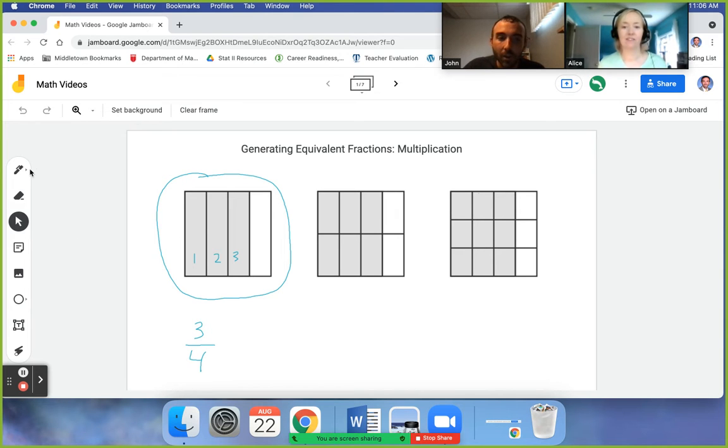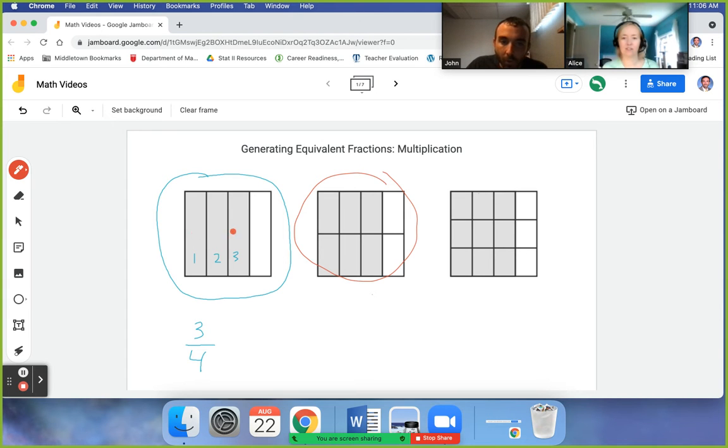Now, the idea is this. If we look at the shape that Alice just described versus the next one, we see that the amount of gray area is the same. Visually, the percentage of gray in both of those two images is the same. However, what happened was, from the first image to the second image, we doubled the number of rectangles.